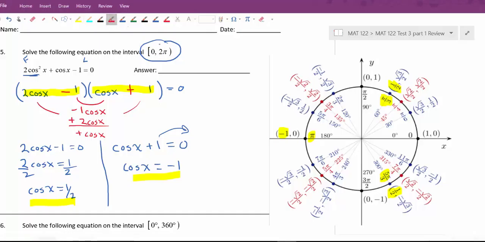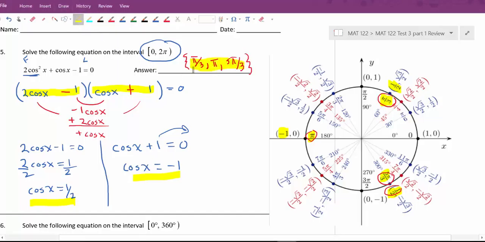So your answers are going to be pi over 3. That's where the cosine's 1/2. Pi is where the cosine's -1, and 5 pi over 3 is where the cosine's 1/2. So for the final answer of the problem, just write it in set notation: pi over 3, pi, 5 pi over 3, like that. So that should be your final answer to that problem.